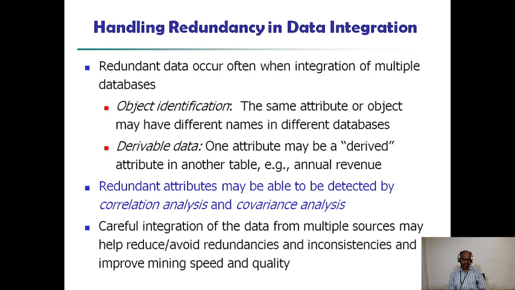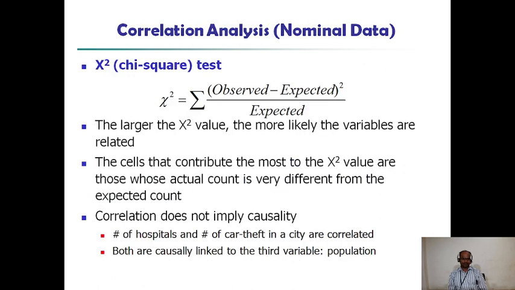Like that, we need to identify this kind of data. And redundant attributes may be detected by correlation analysis and covariance analysis. Careful integration of data from multiple sources may help to reduce or avoid redundancies and inconsistencies, and to improve mining speed and quality. So for that we will use different kinds of techniques.